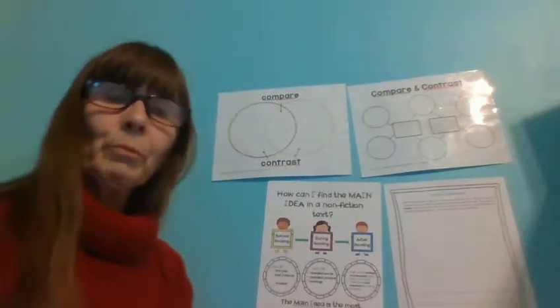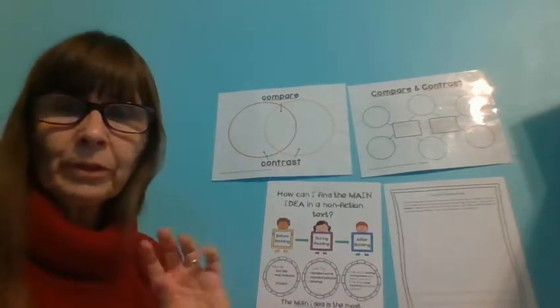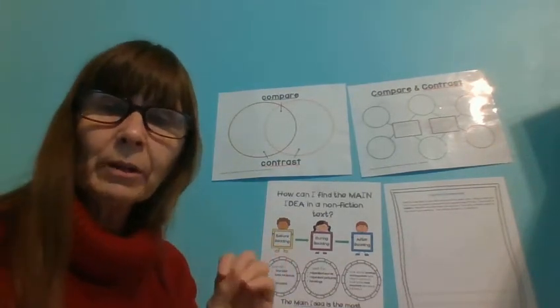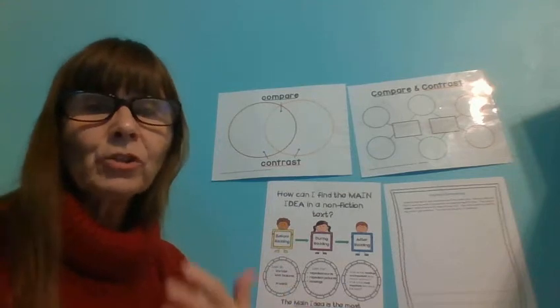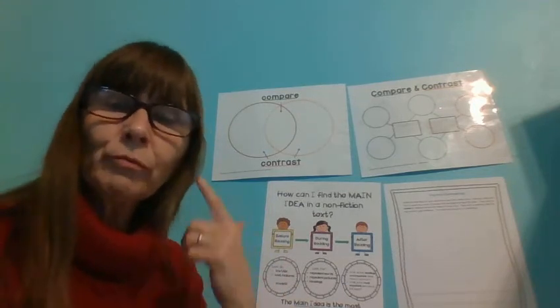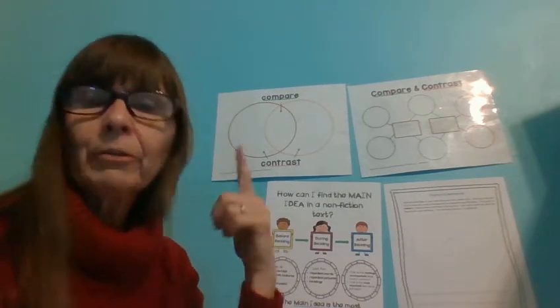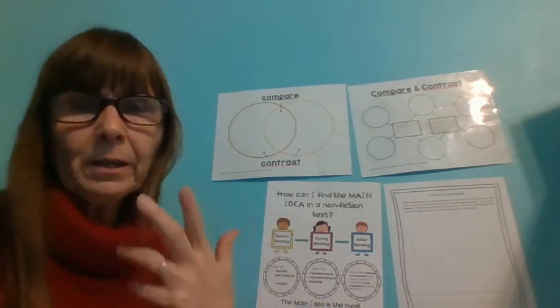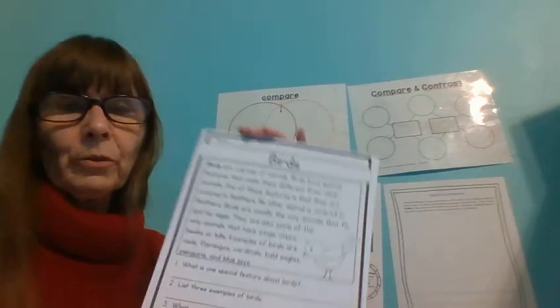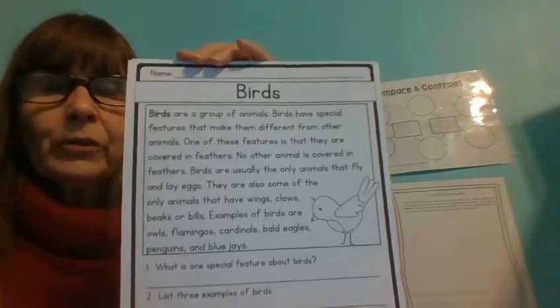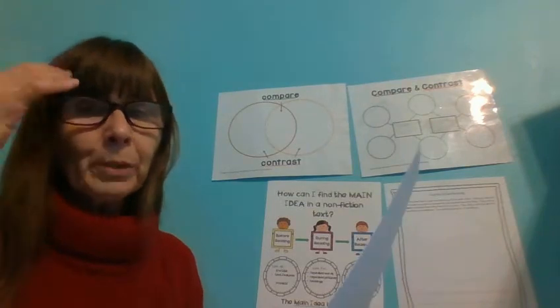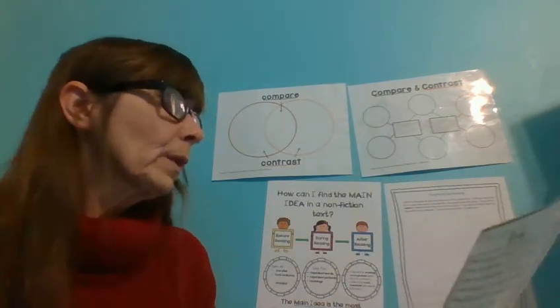We're going to try and figure out what the main idea is, and then what we're going to do is pick out details. Whenever you read nonfiction, it's very, very important that you focus on remembering facts, details about the main idea. Okay? So this is the text we're going to read. It's called Birds. You're not going to have to answer these questions, but I want you to be thinking about them.